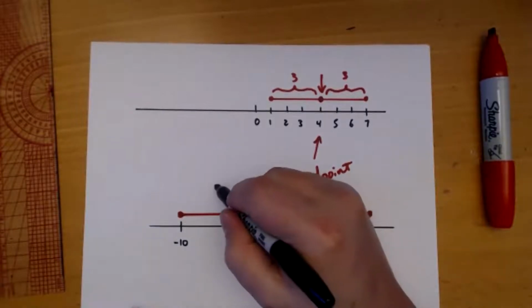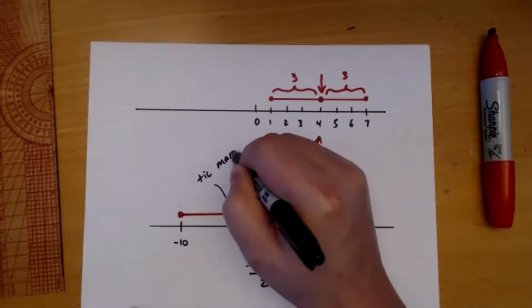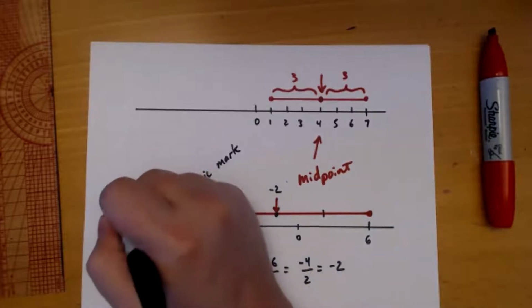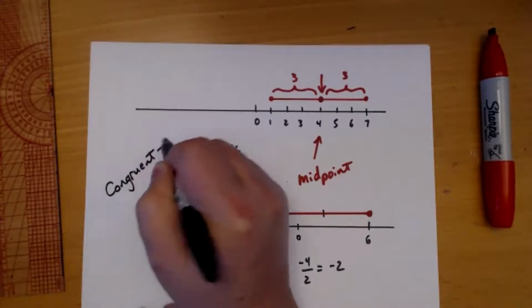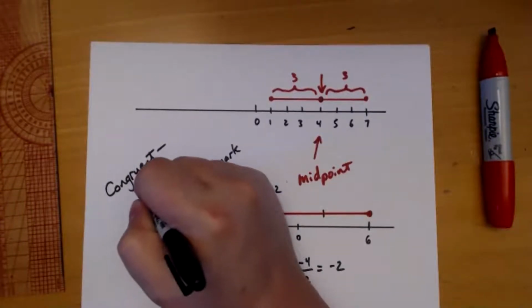That's called a tick mark. And it means that those things with tick marks are congruent. Congruent means the same size and shape.